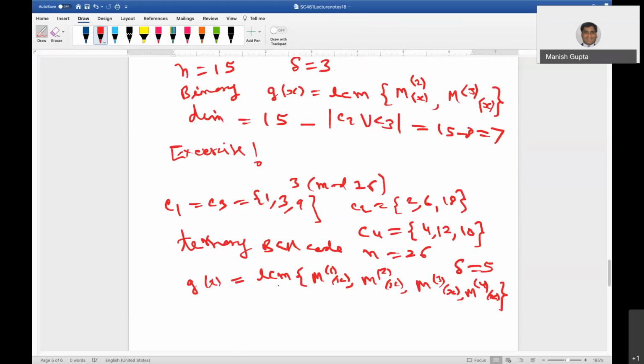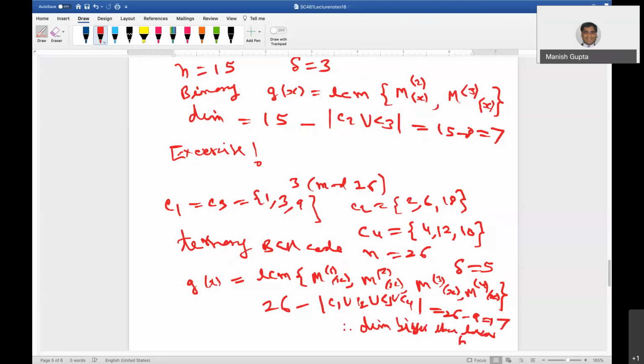So dimension will be 26 minus the cardinality of C1 union C2 union C3 union C4, which is 26 minus 9 equal to 17. Here the dimension is bigger than the lower bound. Okay, so this is the case.